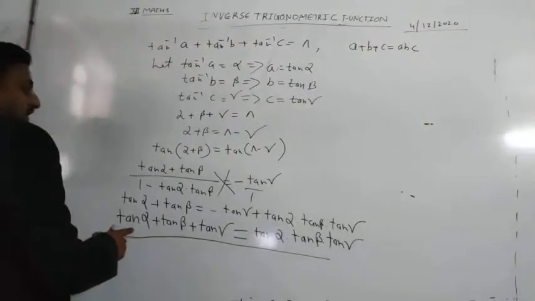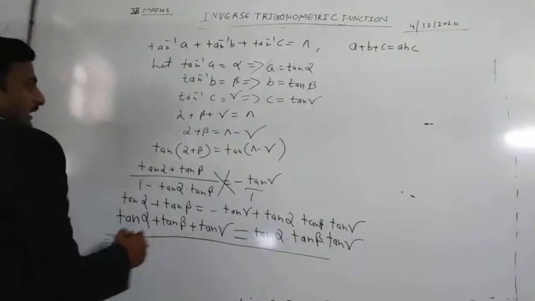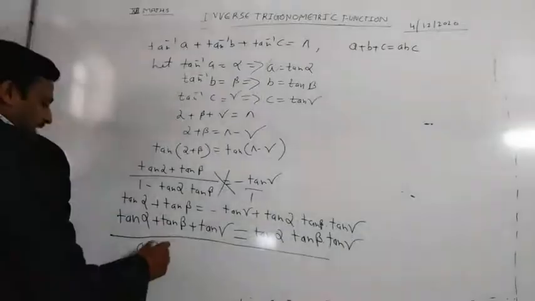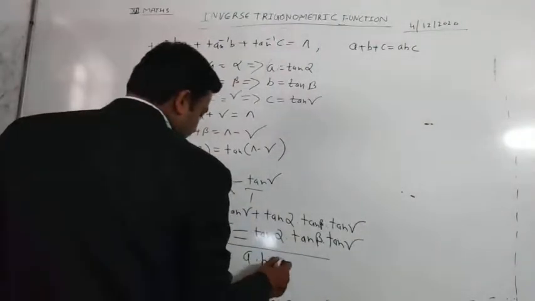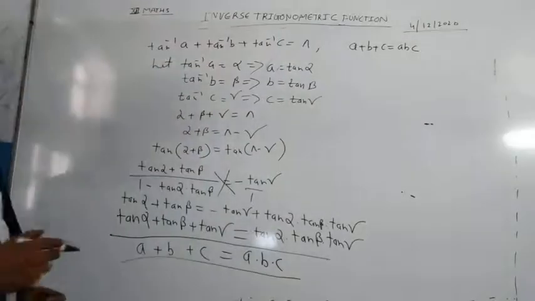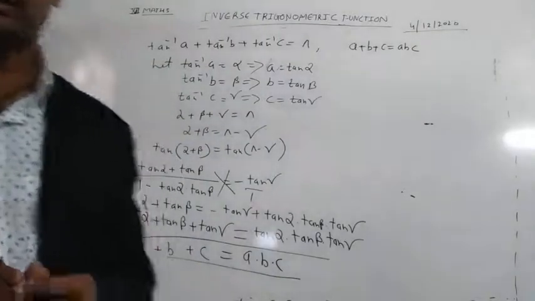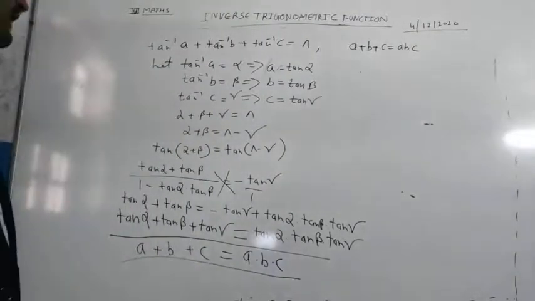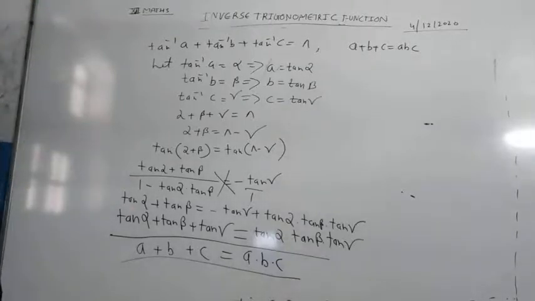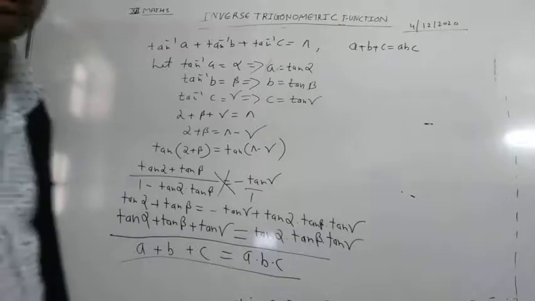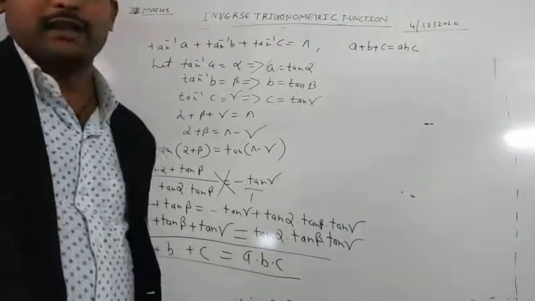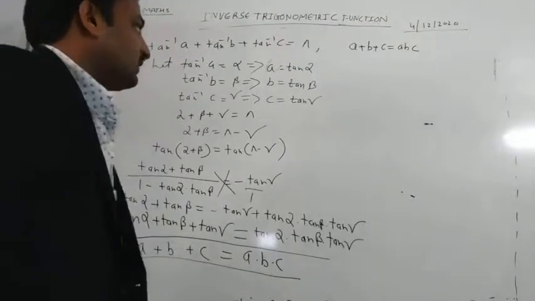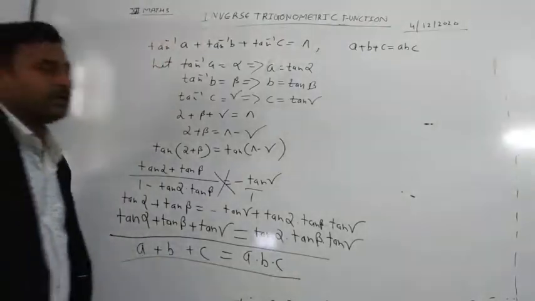Now at the place of tan alpha, tan beta, tan gamma, we can write A plus B plus C is equal to A into B into C. This is what we had to prove. We are given that tan inverse A plus tan inverse B plus tan inverse C is equal to pi. Then prove that A plus B plus C is equal to ABC.